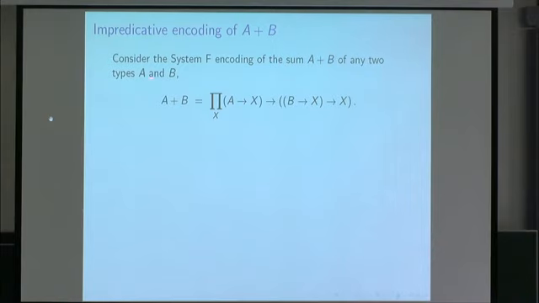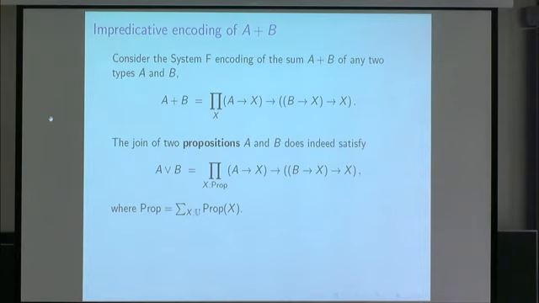Well, what it says is that in order to get a map out of this type into any other type X, you take a map from A into X, and then, currying this, a map from B into X, and that gives you an element of X. So in order to get a map from this gadget into X, you need a map from A into X and a map from B into X. Well, that's the eliminator for the sum. So that's what's encoded by that expression. It's a little easier to see if you curry it, but be that as it may.